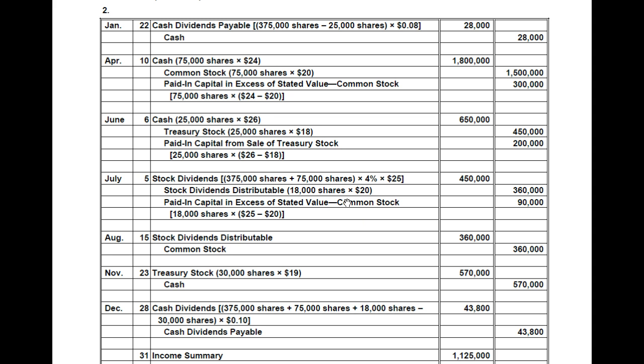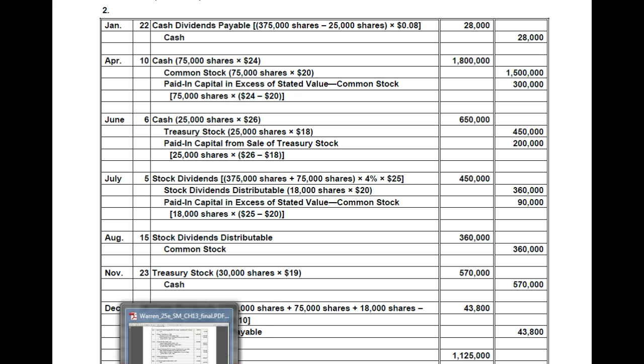First thing they do is they paid cash dividends of 8 cents per share on common stock. It's been already recorded, and it's in a payable. So we know the first entry is going to be cash. We credited it for $28,000, and we have to take it out of the dividends payable.